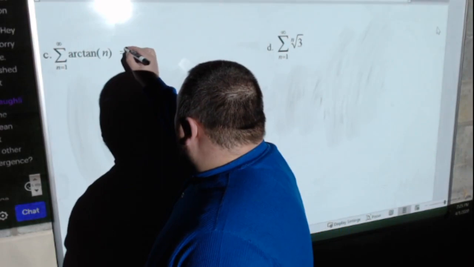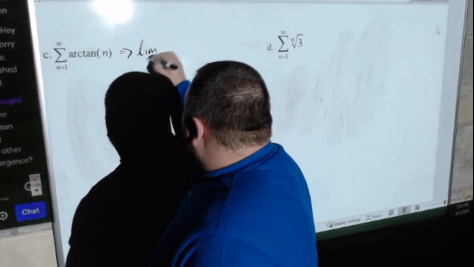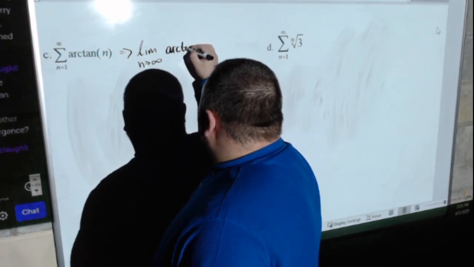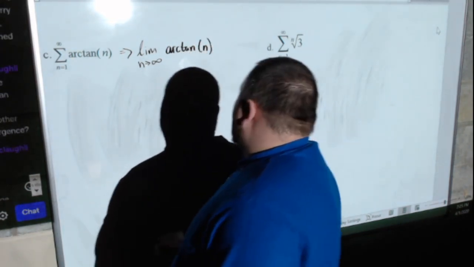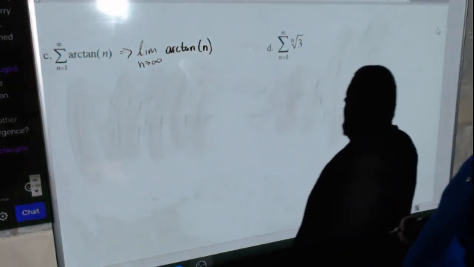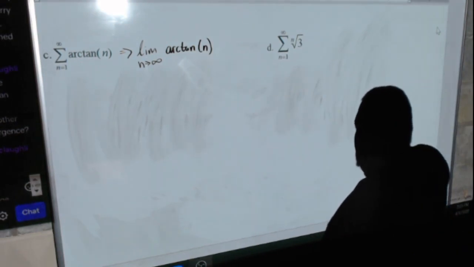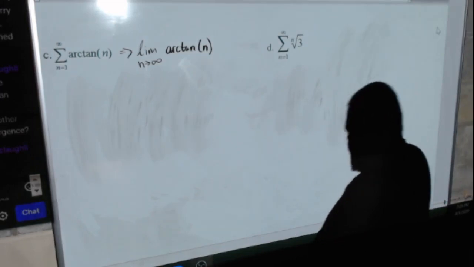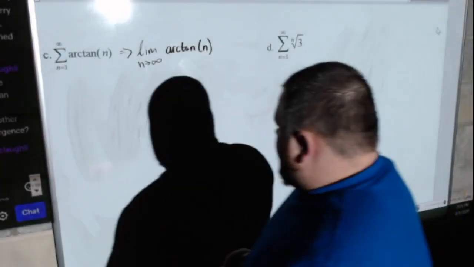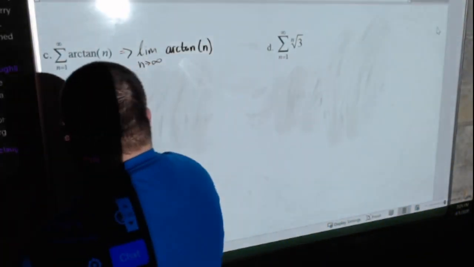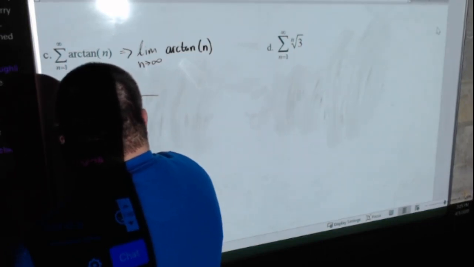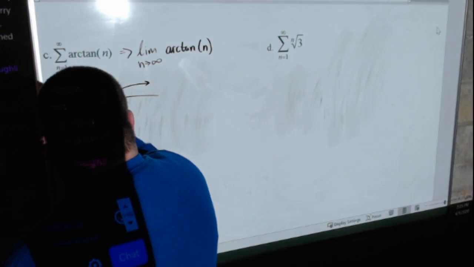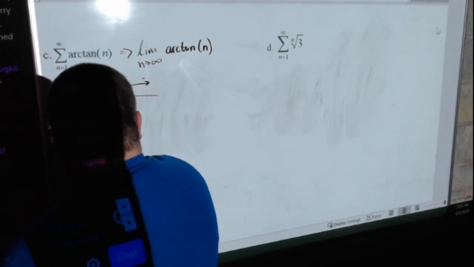All right, so I want to take the limit as n approaches infinity of arc tan of n. So it might be beneficial, as I said, to graph it if you're not sure how to find that limit. Well, the graph of arctan looks like this. And it's got 2 asymptotes.